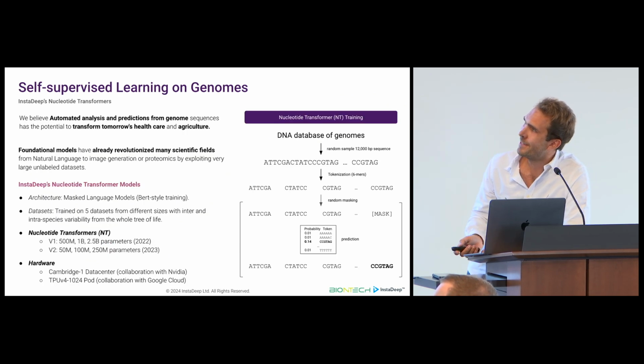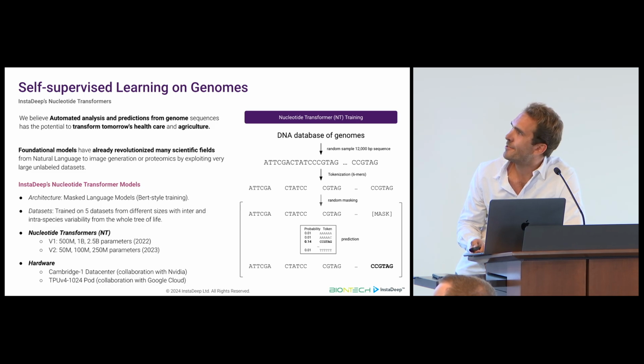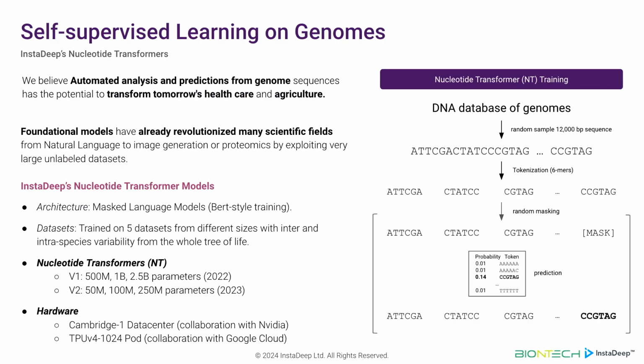To start that journey, we started with these nucleotide transformer models, where the idea was to first learn from genomes and use all these techniques from NLP and unsupervised learning. So we have no labels, we just have genomes from individuals, genomes from species, and we want to train a model that can learn something out of that and be useful.